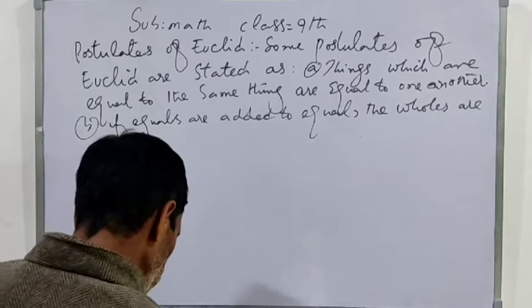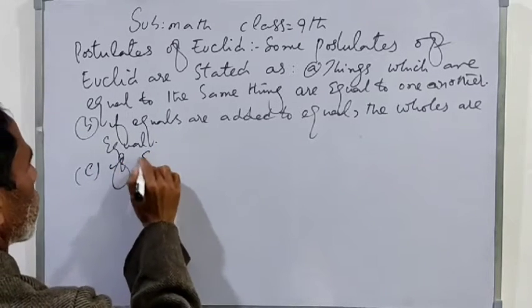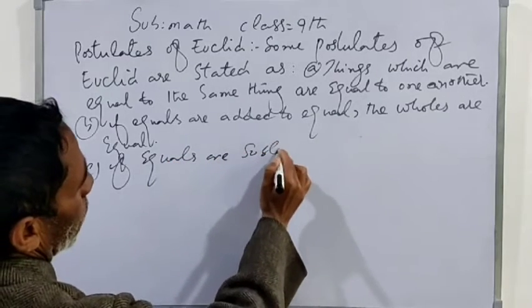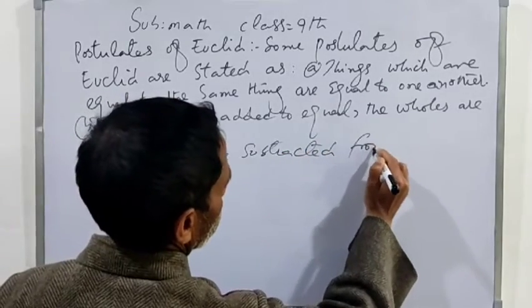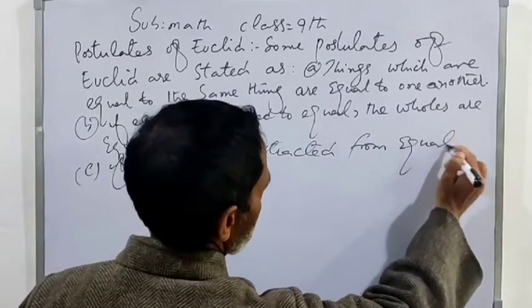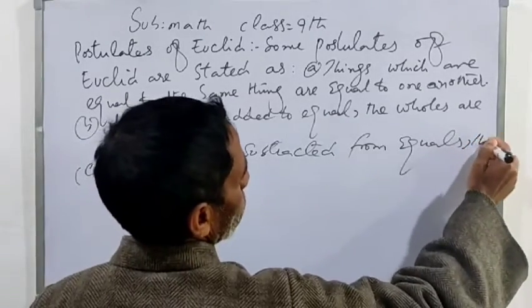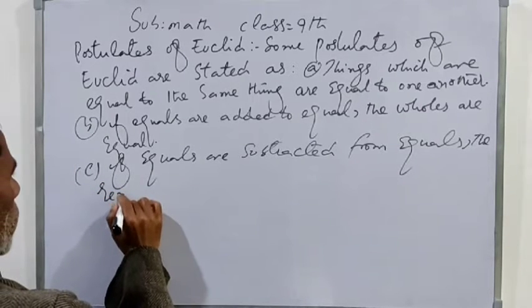Third postulate is if equals are subtracted from equals, the remainders are equal.